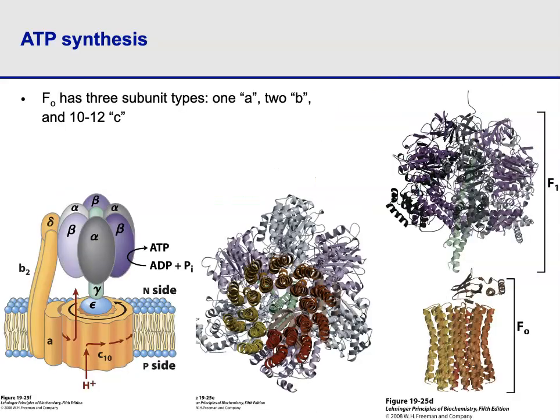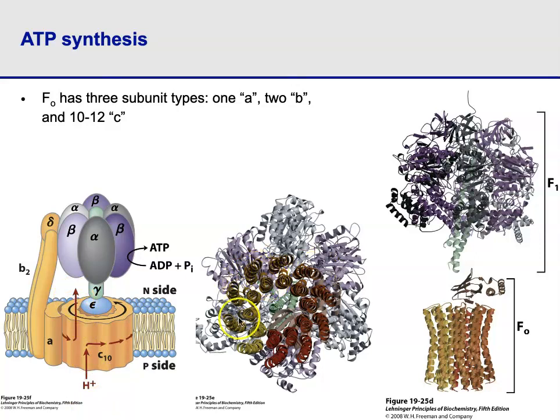Now let's look at the F naught structure. 3 types of subunits, A, B, and C. 1 A, 2 B, again the B is used to immobilize the alpha beta propeller, and then the C subunits, we have 10 or 12 of those. They form a channel that rotates as a result of proton movement, if the protons are going from high to low proton concentration.